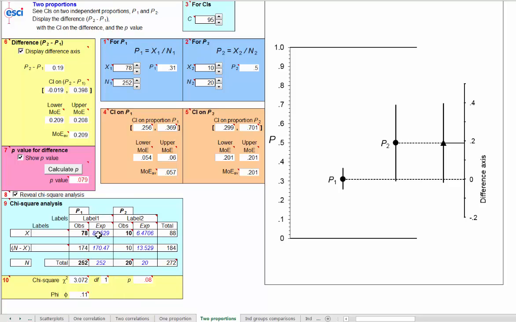So there is a certain amount of departure of these observed frequencies from the expected. Looking up the distribution of the chi-square statistic, P is 0.08. So small, but not sufficiently small for us to reject the null hypothesis of no association between these two variables.